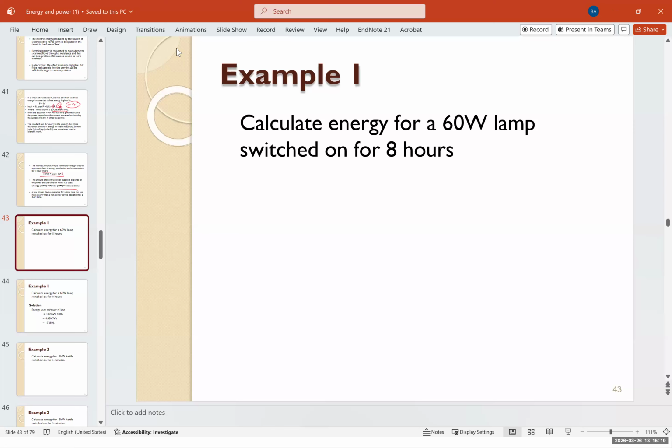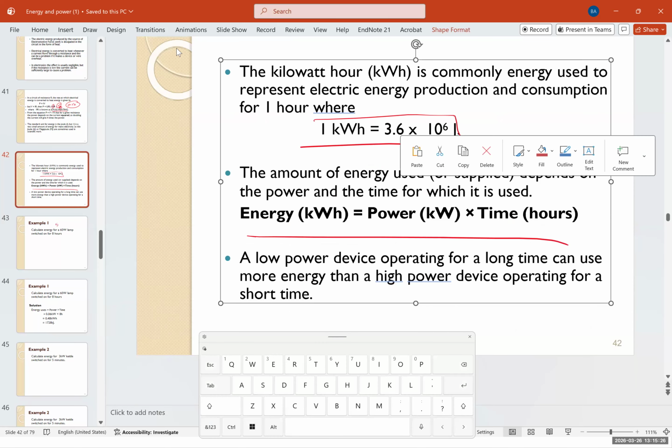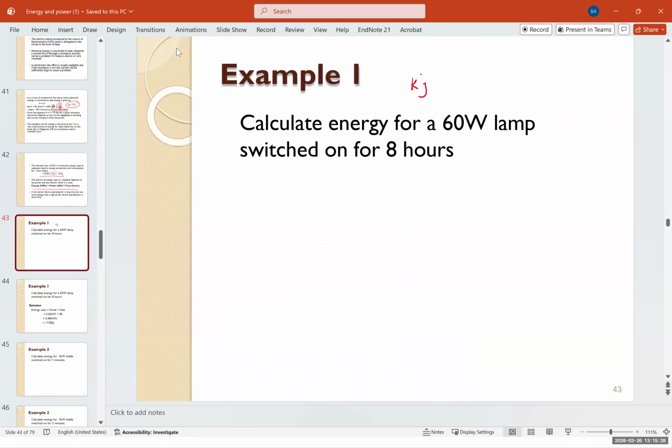And by the way, I want to measure it in kilojoules. A little reminder that 1 kilowatt hour is 3.6 times 10 to the power of 6 joules.